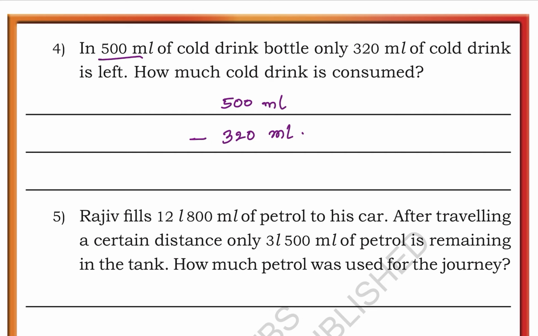What is the capacity of the bottle? 500 ml. What is left over? 320 ml. Then subtract it, so that you will get what is consumed. 0 minus 0, 0, 0 minus 2 means 10 minus 2, 8, 4 minus 3, 1. 180 ml is consumed.